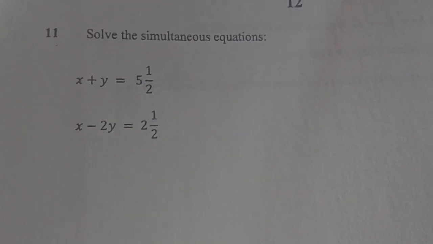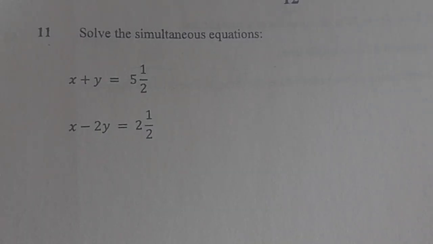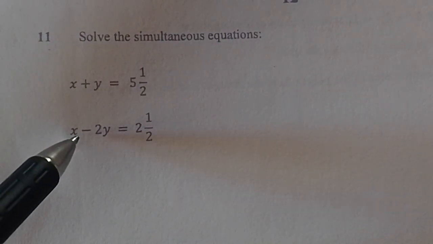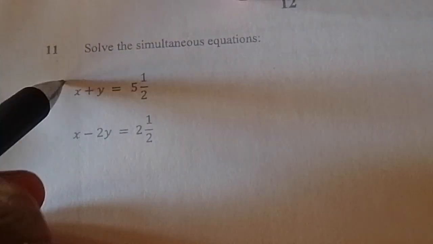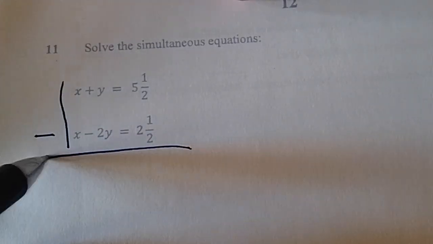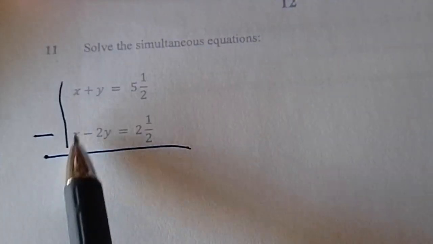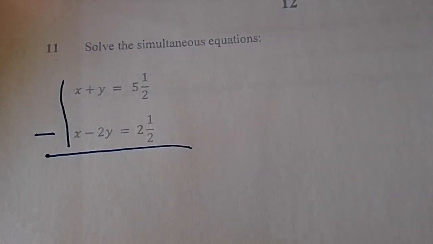Let's move on to number 11. Solve the simultaneous equations. Right, let's solve using the method of elimination there. We have an x there and an x there. We can simply subtract equation 2 from equation 1, right? So x minus x is 0.